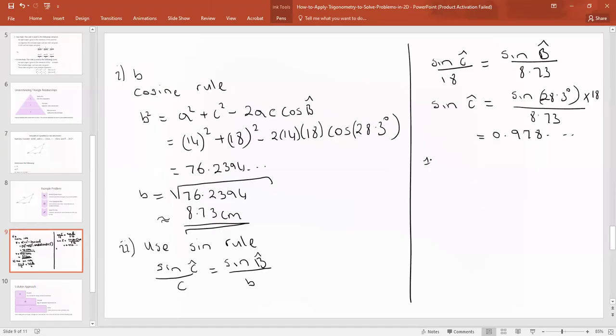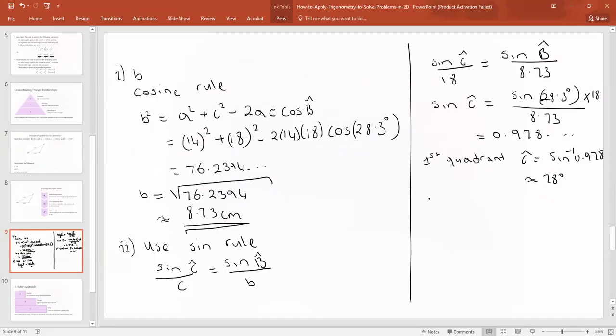So we're going to have our reference angle in the first quadrant. Angle C is equal to the inverse sine of 0.978, and this gives us approximately 78 degrees.